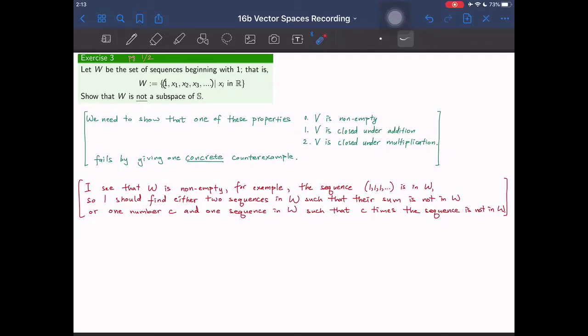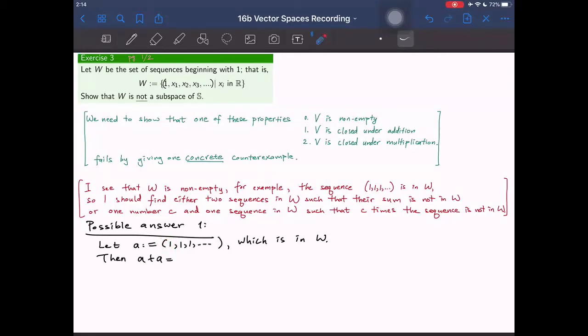It turns out that in this case, it is very easy to find a counterexample. Let A be the sequence where all entries are 1. This sequence is in W because the first entry is 1. I can take the sum of A and A. Remember that the rule is to do term-wise addition. So I just do 1 plus 1, 1 plus 1, 1 plus 1, and so on.